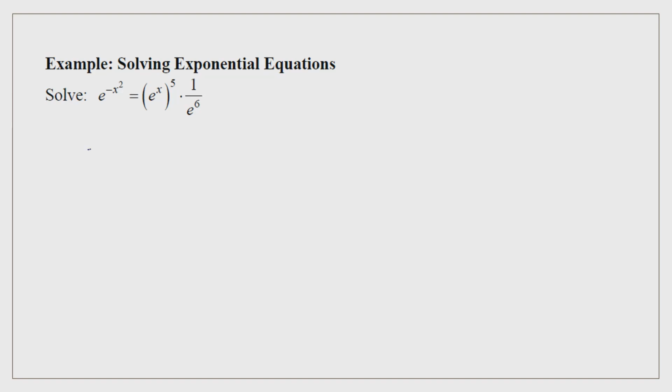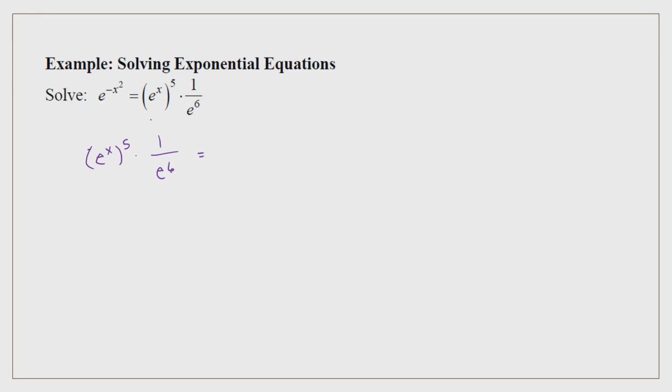So let's take e to the power x raised to the 5th power times 1 over e to the 6th power. Okay, so when you have a side of your equation that has multiple factors, you want to combine it into one factor using the law of exponents.